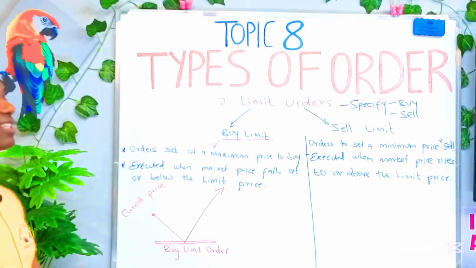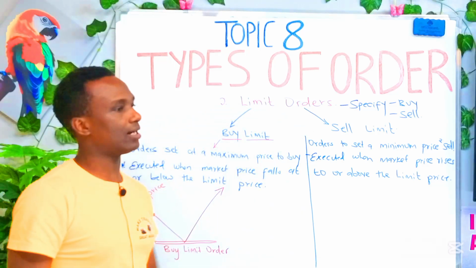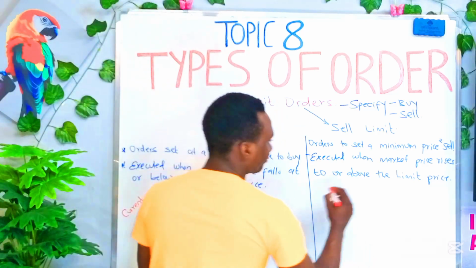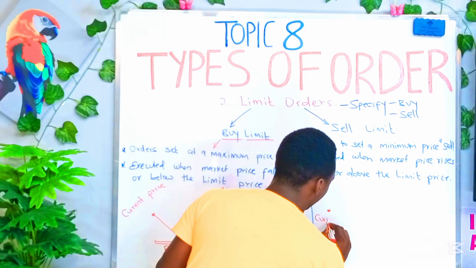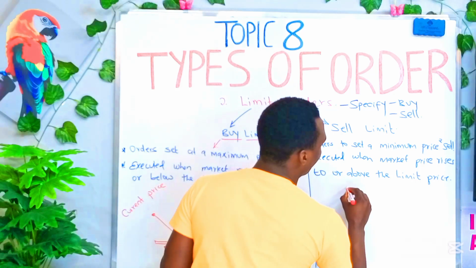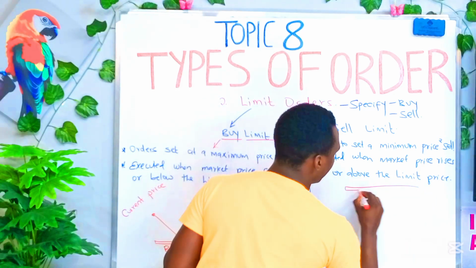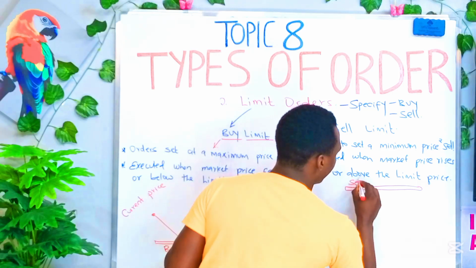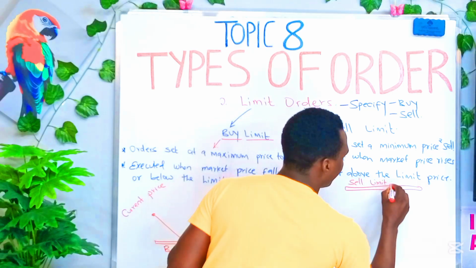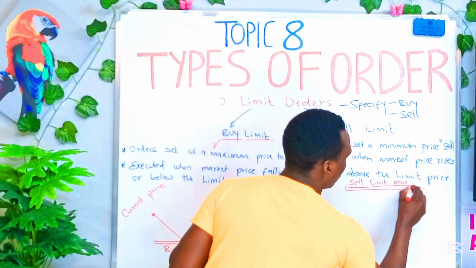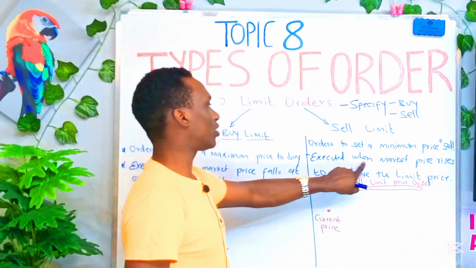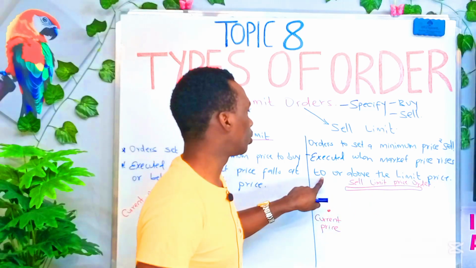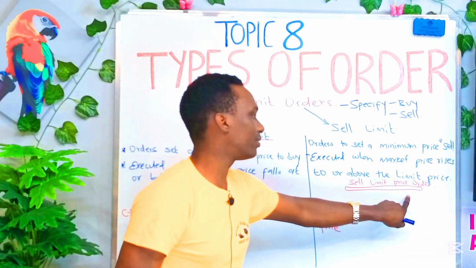Okay, so let us illustrate what a sell limit is. In this example, our current price is around here. This is our current market price, and we will put our sell limit there. The order is executed when the price rises to or above the limit price.